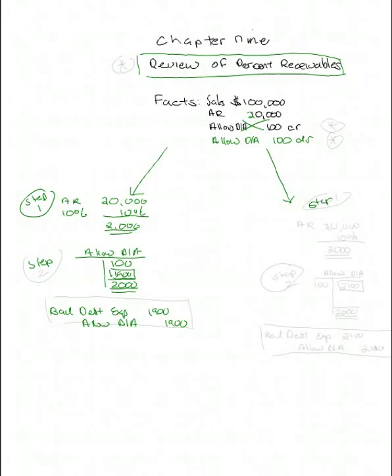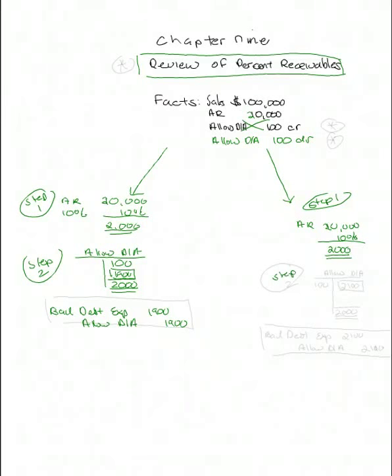In step one, we still need to calculate what we want the account balance to be. We have $20,000 in accounts receivable. We think the allowance should be $2,000, so based on a 10% estimate, that's still our goal in step one.